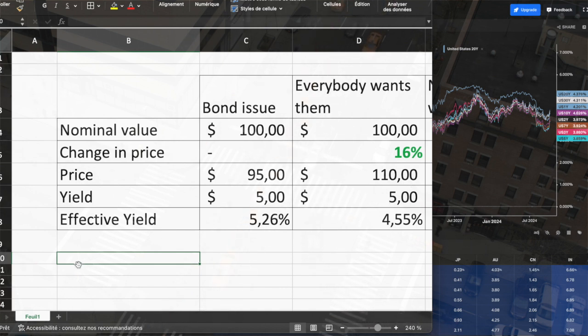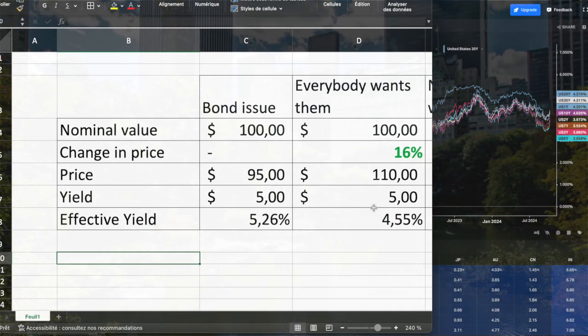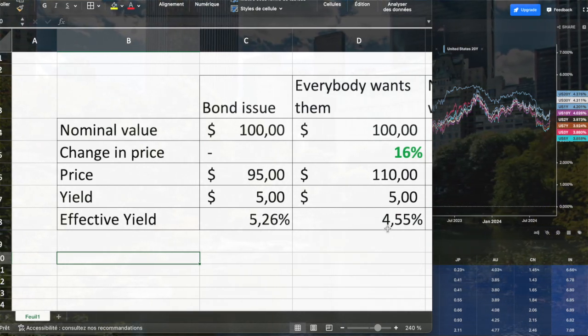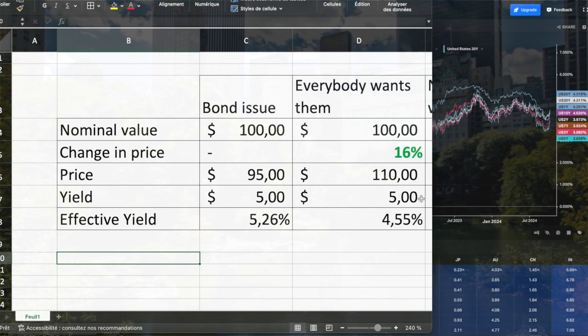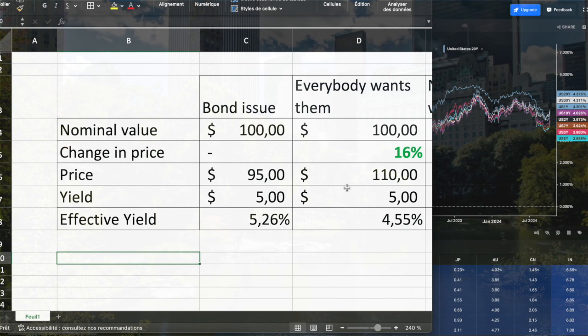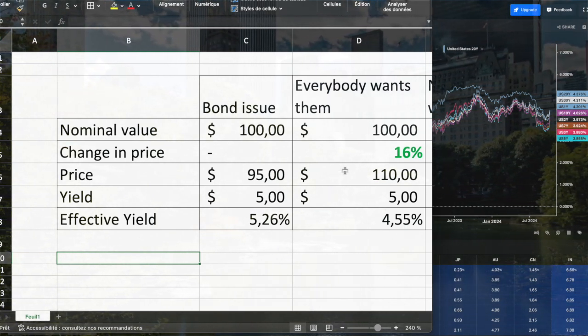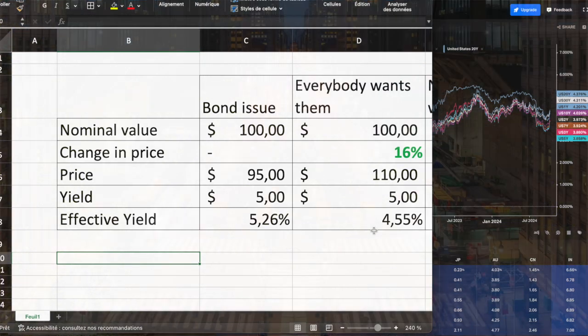So the effective yield on that bond has changed. Now you're not getting 5.26%. You're actually getting less, right? Because you're not paying $95. If you buy the bond now, you pay $110 to get $5. And 5 divided by 110 is equal to 4.55%.